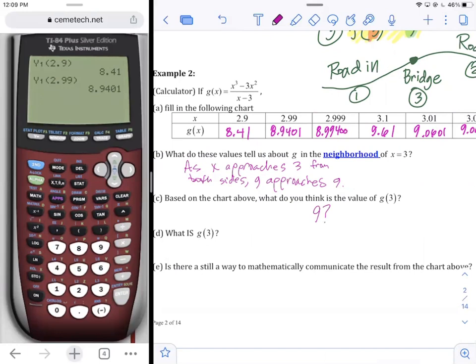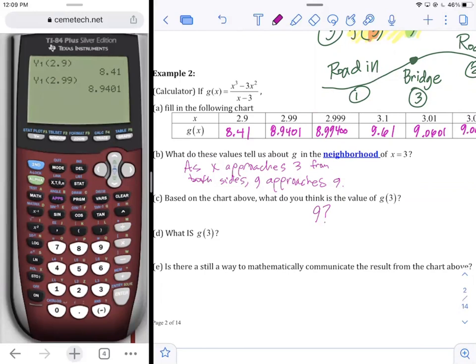Just because the roads from both sides are leading to 9, does that mean that there's a bridge in place at 9? No. I wouldn't want to be driving with you if you're assuming that, unless you're Bo or Luke Duke, right? Duke's a hazard. So not really. And the whole point that we're trying to make here is the limit and the function value, which is G of 3, can exist entirely independently of each other.